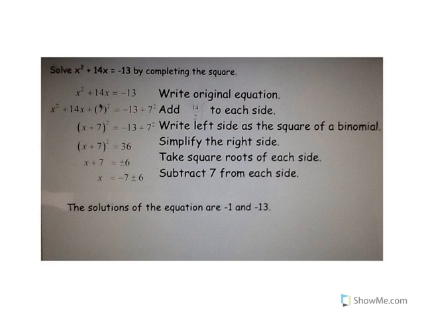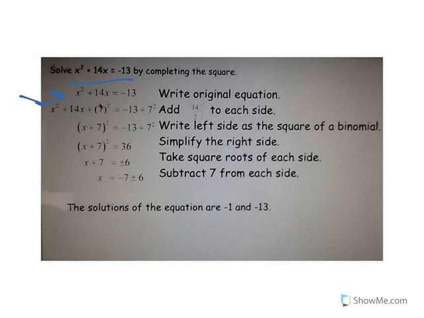Let's look here. The reason this is useful is if you're asked to solve this equation by completing the square. The first thing we're going to do is get everything on the same side. Actually, you don't need to get everything on the same side because we're completing the square.